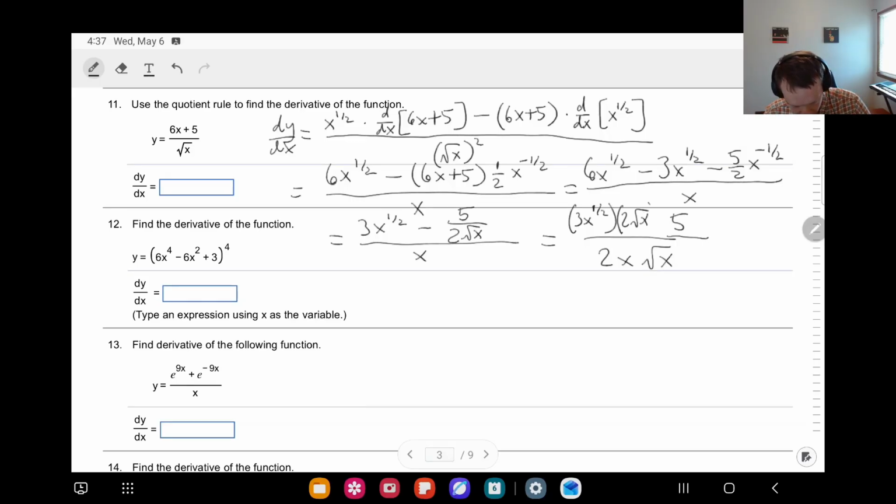Times 2 root x, and that's minus 5. Well, x to the 1/2 and root x are the same thing, right? So this becomes 6x minus 5 over 2x square root of x. That's Pearson's preferred way of simplifying. So how about I write that in the answer box? Then we'll have some erasing to do.